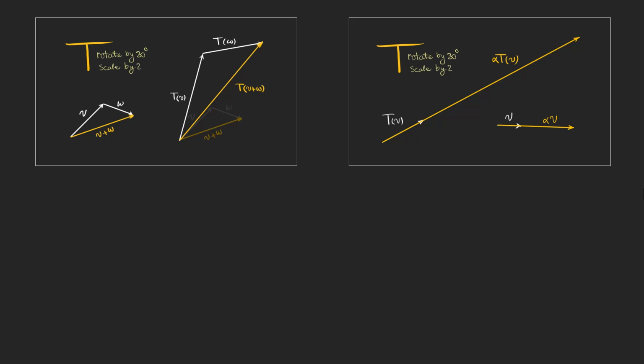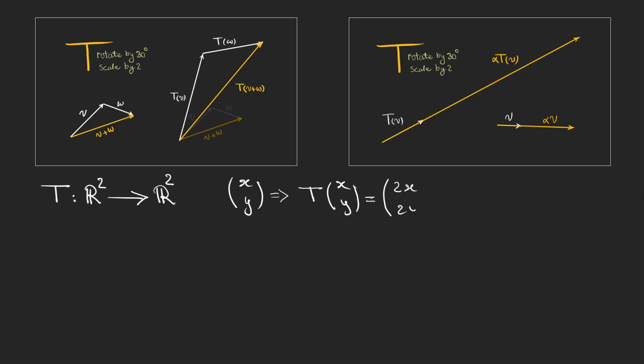Let's investigate this example in the beginning of the video with more details. This is a linear transformation from a two-dimensional vector space to another two-dimensional vector space. If we multiply each vector by 2, it means that we are scaling the vector. Scaling a vector is an example of a linear transformation.